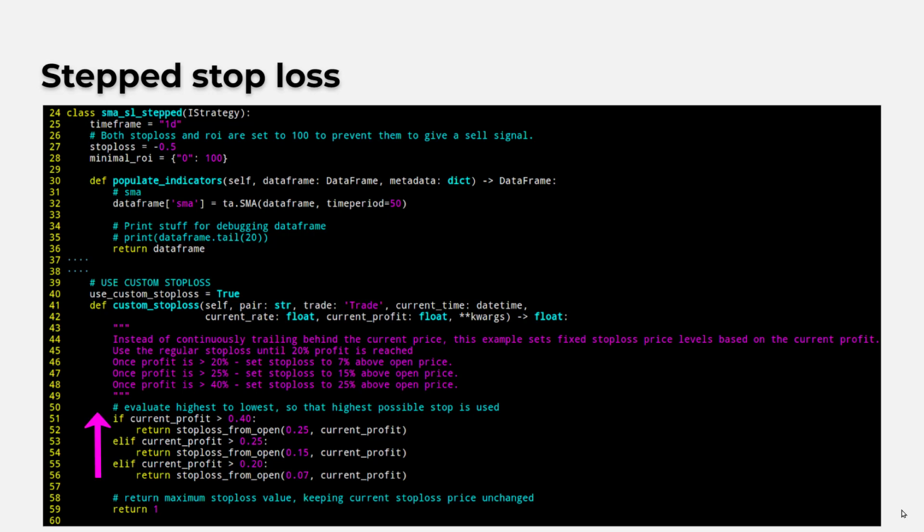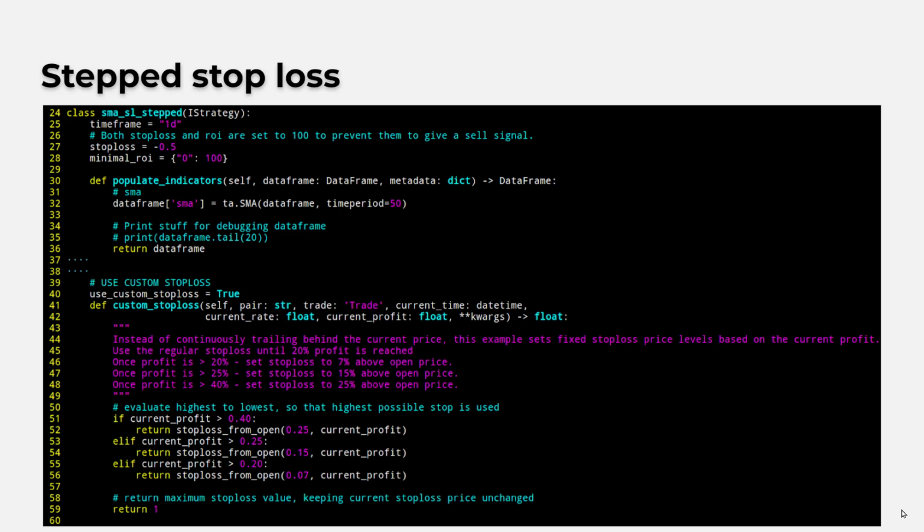Here we have to read the statement from the last line to the first line to understand what's going on. This line states that if the current profit is bigger than 20% from the open price, then the new stop loss level must be set to 7% above the open price. So you have to calculate the open price plus 7% of it to determine the new stop loss price level.